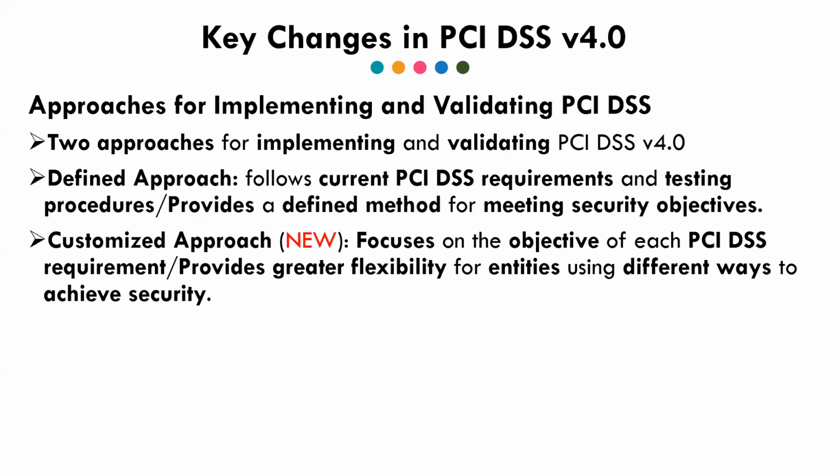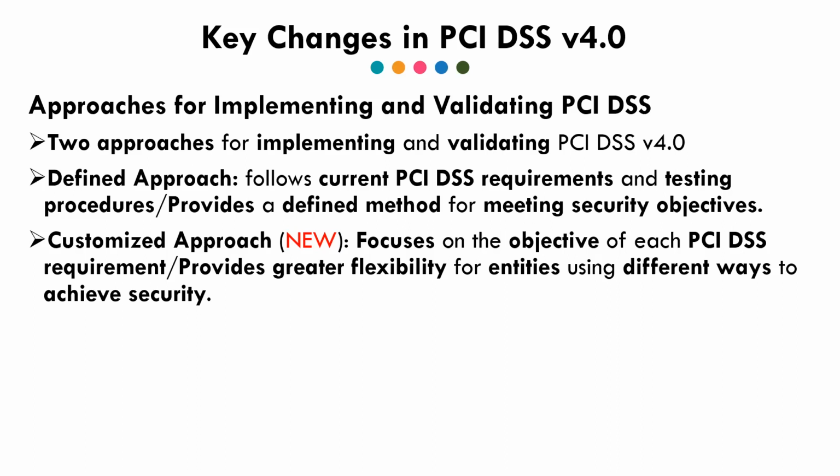So now we have the customized approach and we have the defined approach. The defined approach is the traditional list of requirements, with version 1.1 up to version 3.2.1, right? With the customized approach, the organization can choose their own system that they want to use to prove that they are in a good standard when it comes to PCI.